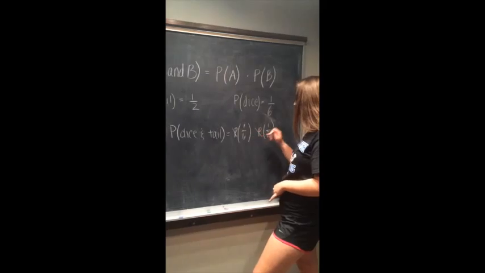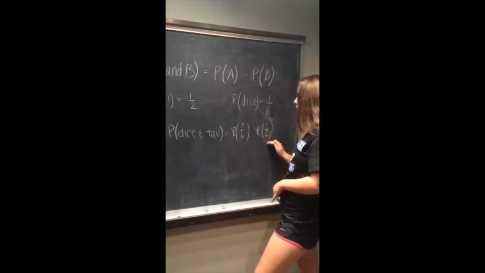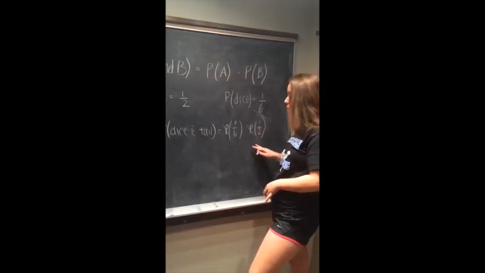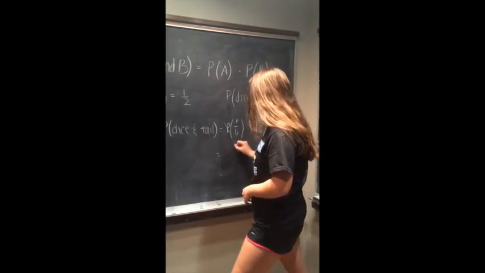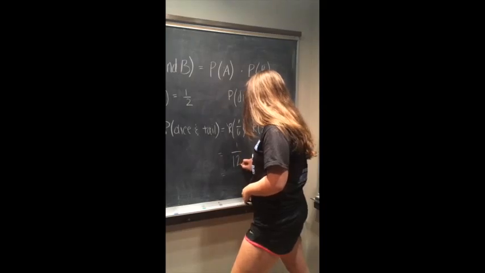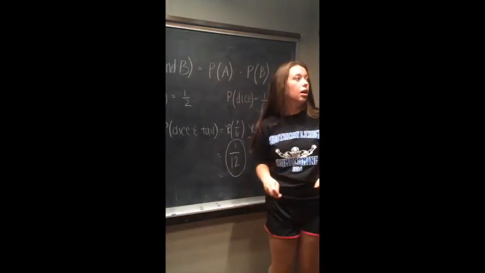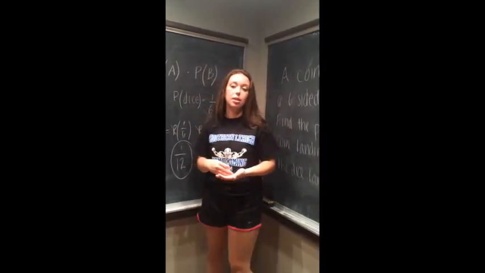So I'm going to do 1/6 times 1/2. Since we're multiplying them, we don't have to find a lowest common denominator. I get 1/12, and that is the probability of the coin landing on a tail and the dice landing on a 5.